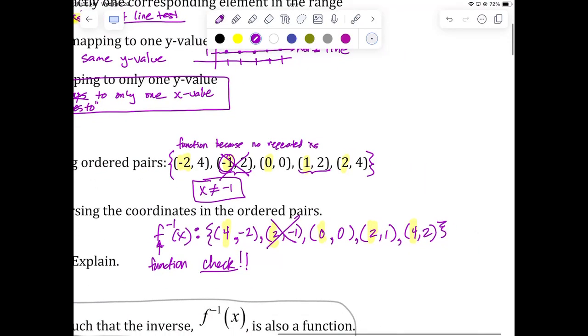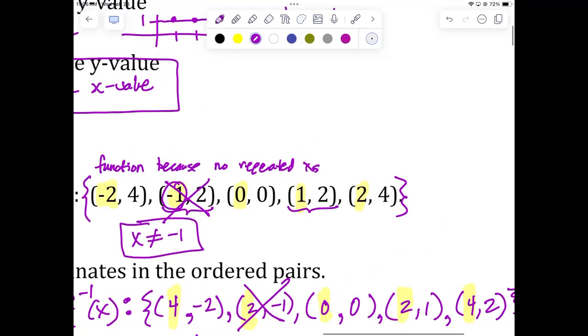Now, here's why the horizontal line test. If the inverse function has to have no repeated x values, couldn't we check that on the original function without switching it first if it was 1 to 1? Yeah. So for a 1 to 1 function, you can't have any repeated x values, nor can you have any repeated what? Y values.